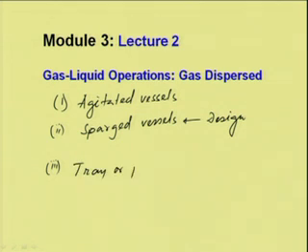tray or plate column. A tray column basically consists of two parts.